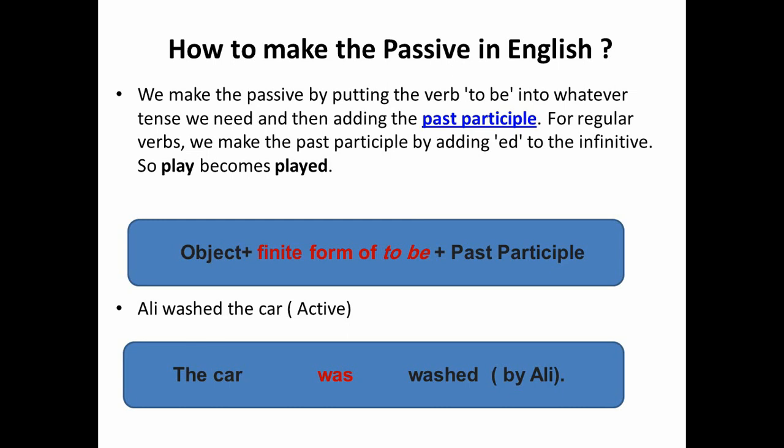Okay, conjugate the verb to be so that it's the same as the main verb in the active sentence. Number 5, add the past participle of the main verb after be. Number 6, decide what you do to the subject. So these are the 6 steps to turn an active sentence into a passive one.